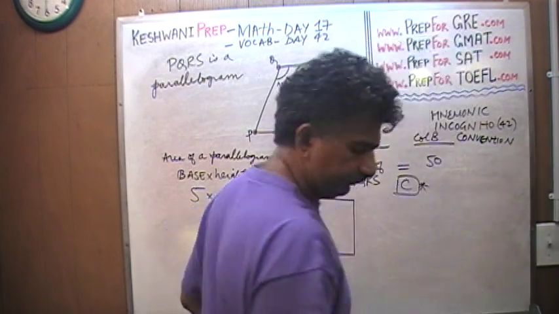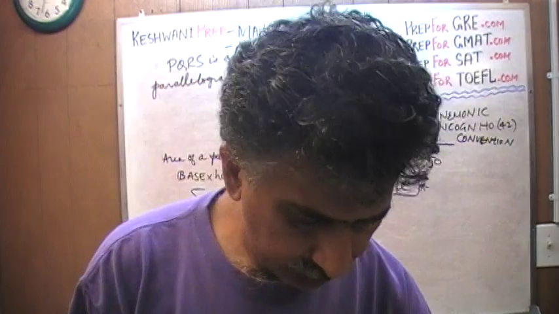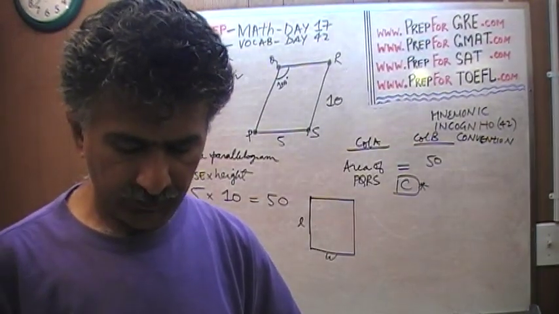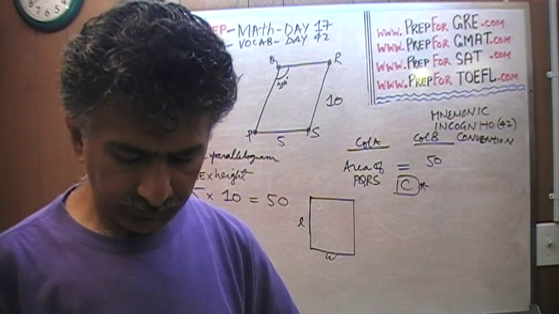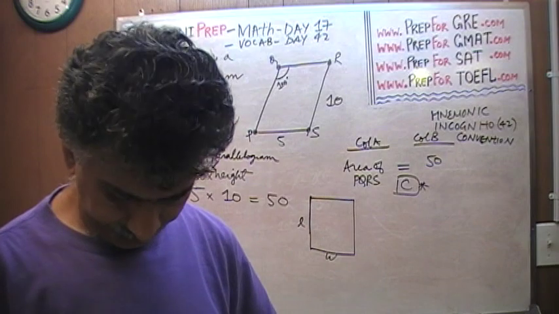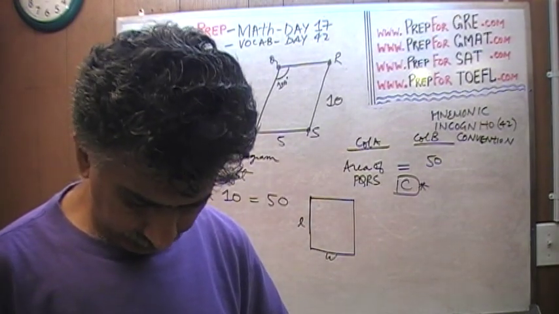Convention means tradition, the way of doing things. The convention is that when one is talking about a rectangle, one speaks in terms of length and width.